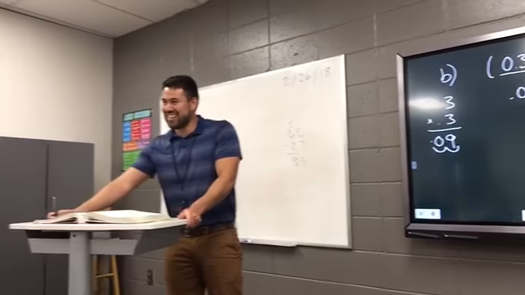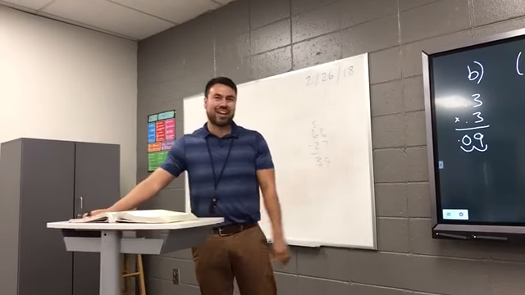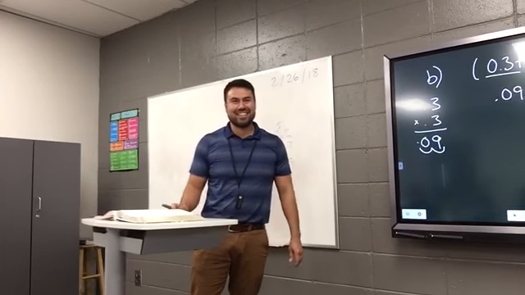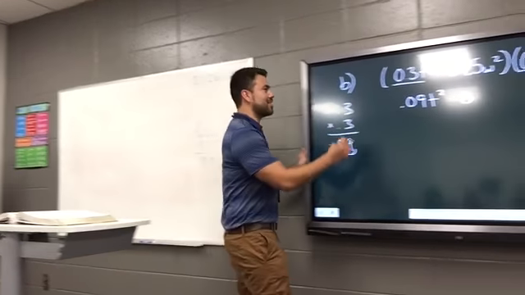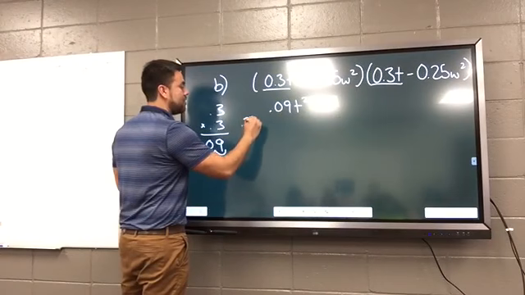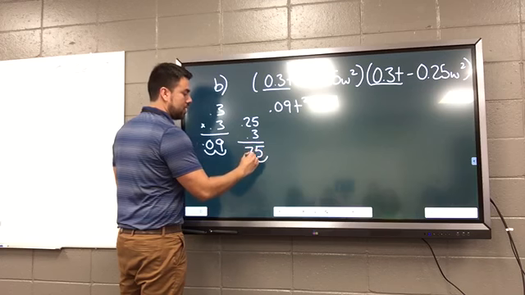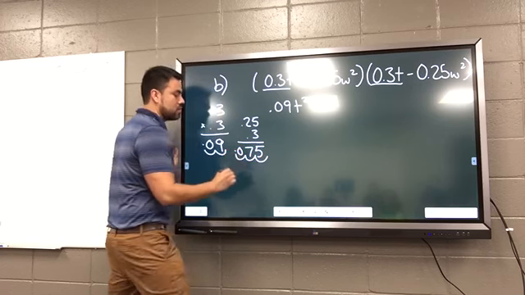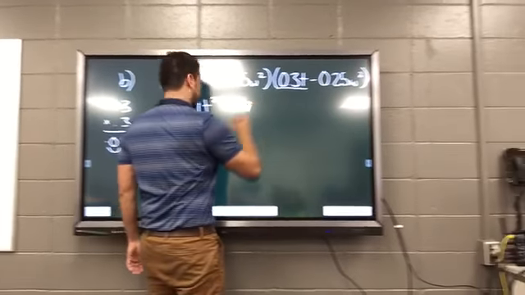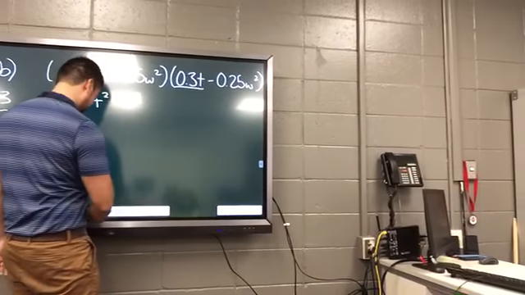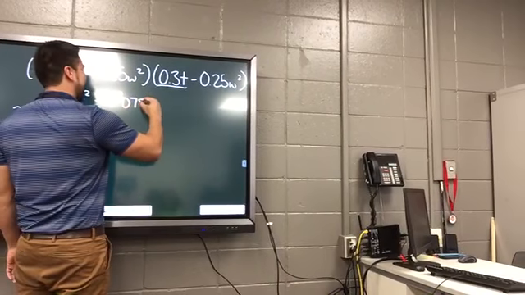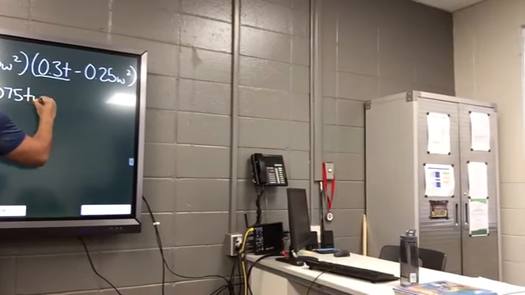You're getting there. Oh man, because look, if I'm doing 0.25 times 0.3, you're going to get 75. 1, 2, 3. 0.075 tw squared. So that was good.